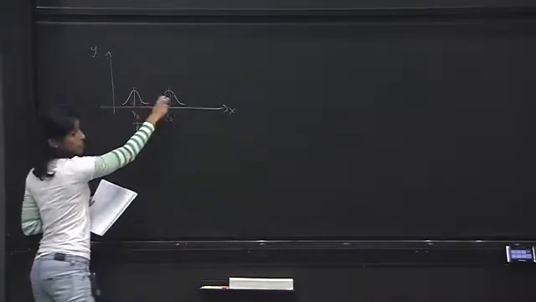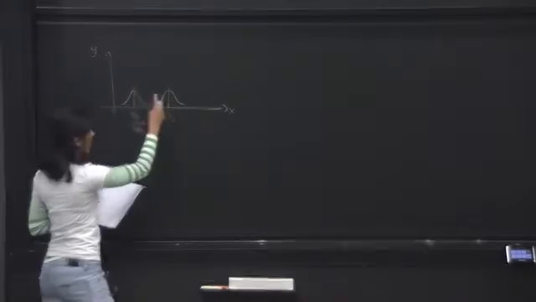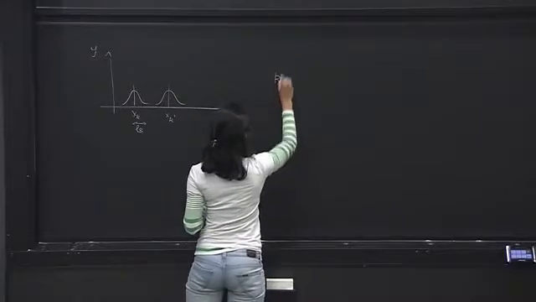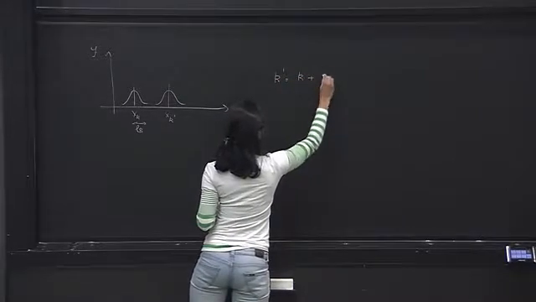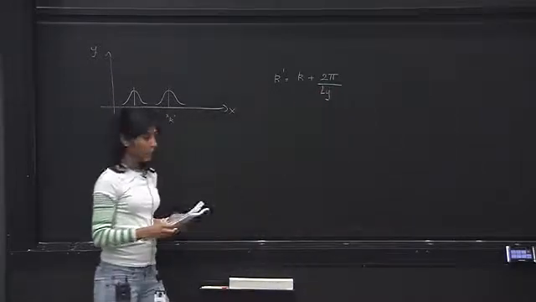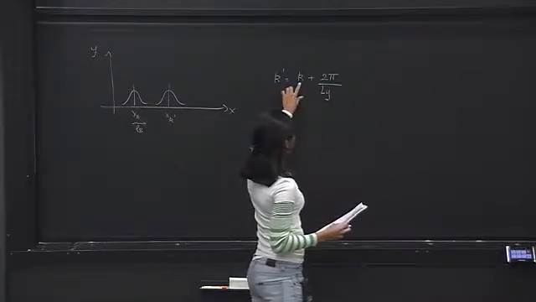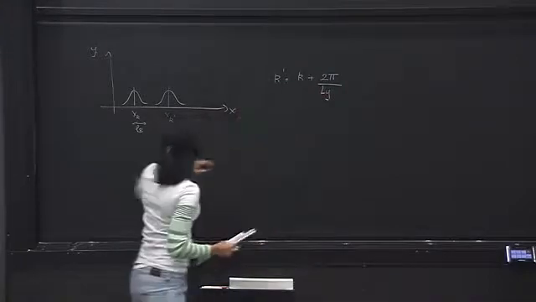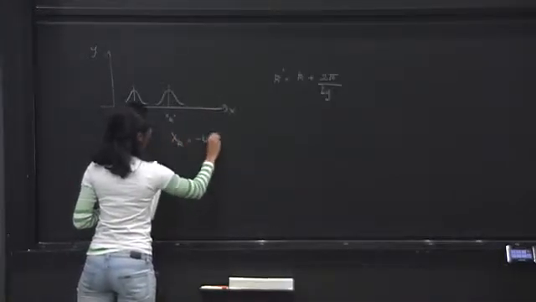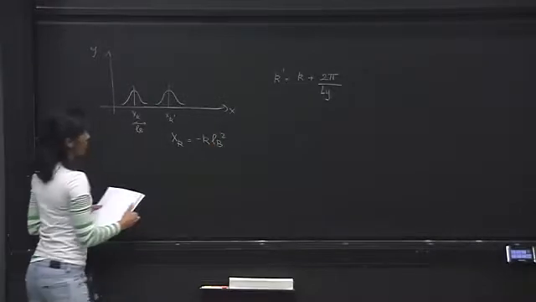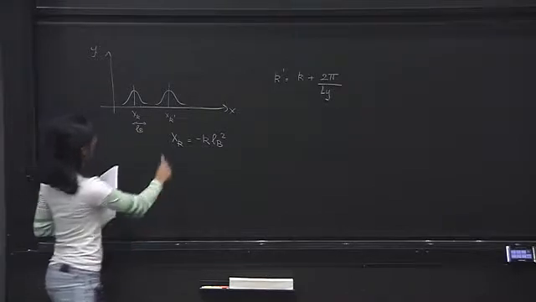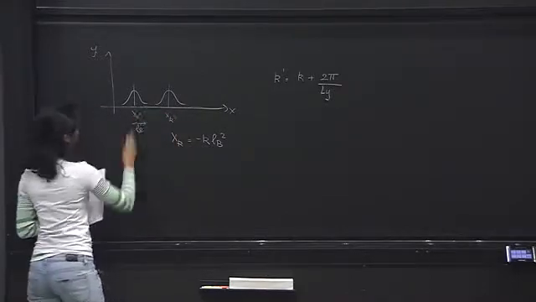However, consider the spacing between adjacent orbitals, and by adjacent, I mean take k prime as k plus 2 pi over Ly. So just one value of k and then the next allowed value of k. Clearly, because xk is minus k Lb squared, this means this is xk and this is xk prime.